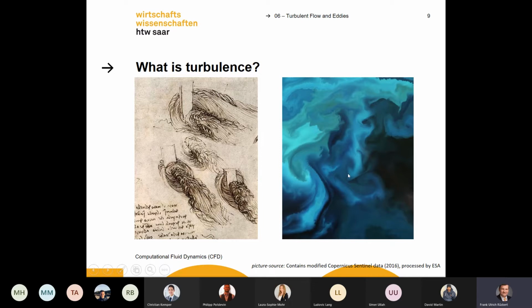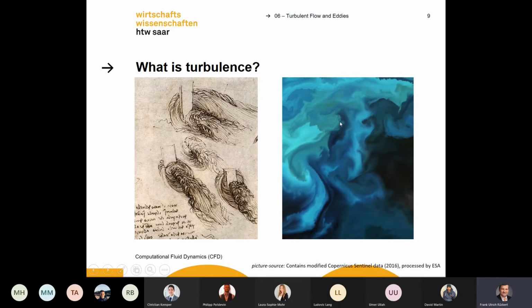These are small animals, and they give a color to the water. And you see these really big swirls. They are many kilometers long, and they look pretty much like the small swirls.